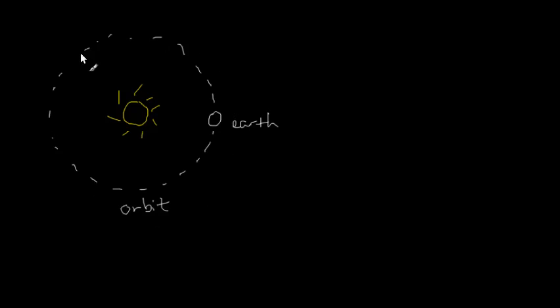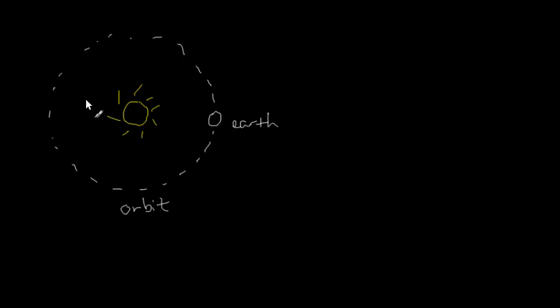And this path is almost circular. It is slightly different from a circle, but it is almost circular. So for our exercise now, I'm just going to assume that it's a perfect circle, and we'll see that it would be quite accurate.